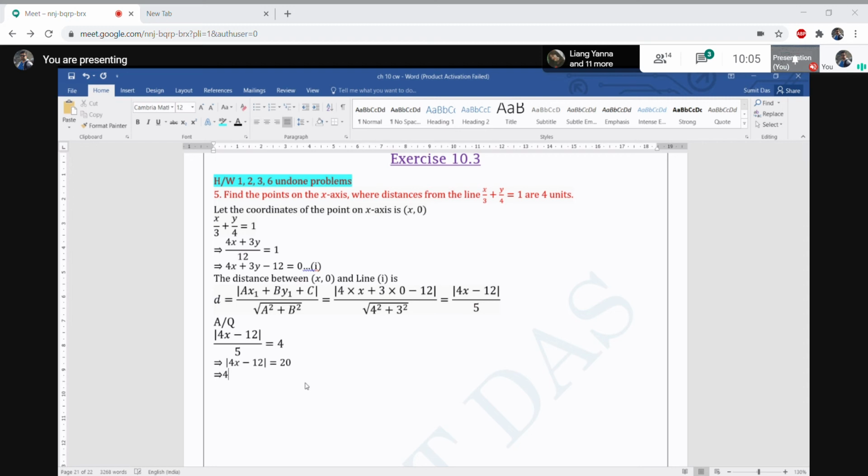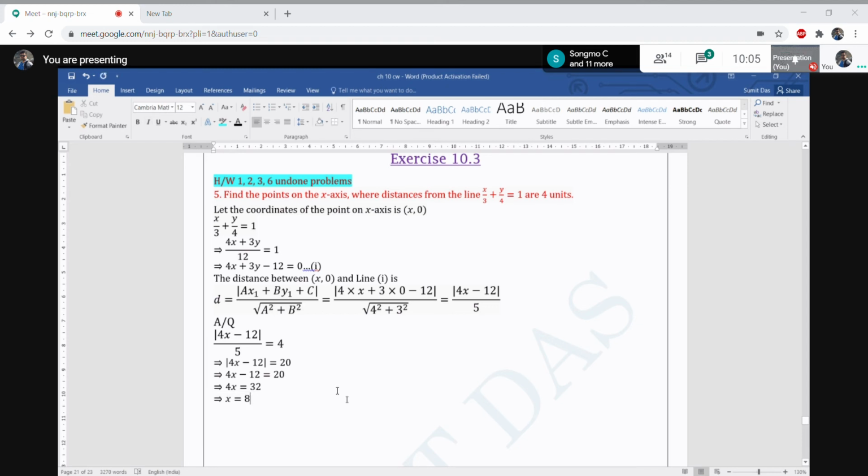We write 4x minus 12 equal to 20. Next line it will be 4x equal to 32. Next line x will be 8.